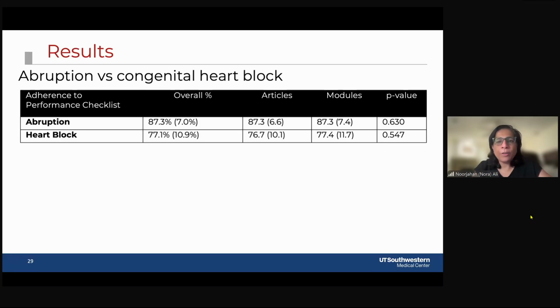This, again briefly, talks about some of the results we found. When we did our study, interestingly, there wasn't much difference between the article group and the modules group if you look at certain lesions, certain heart defects.